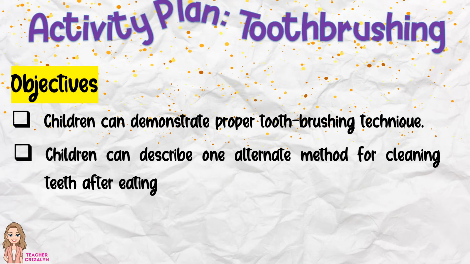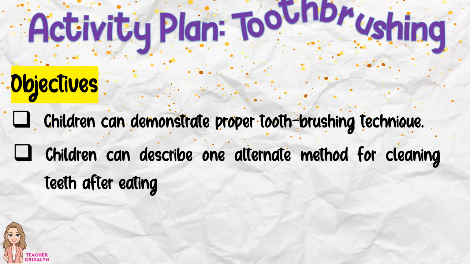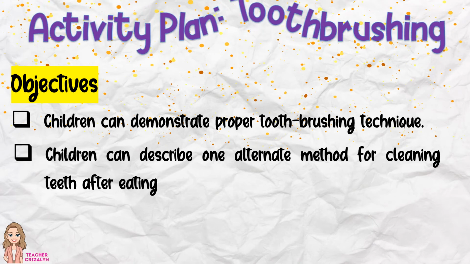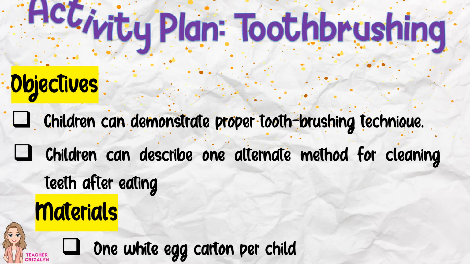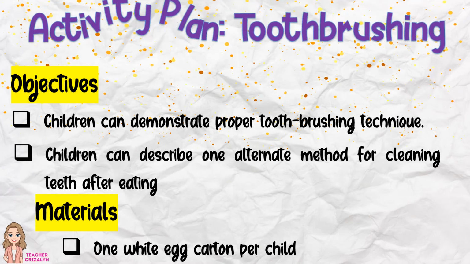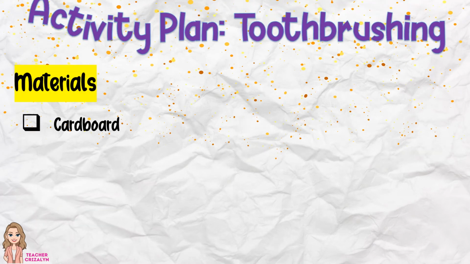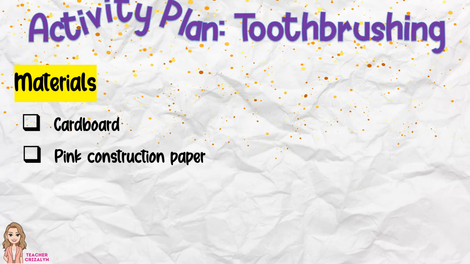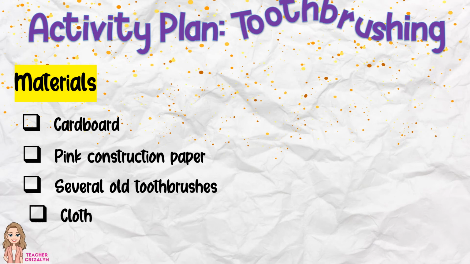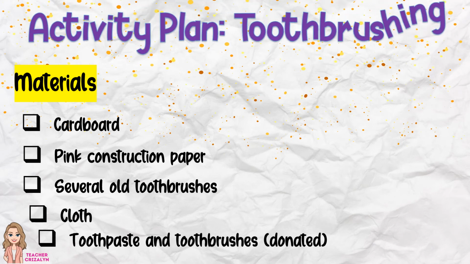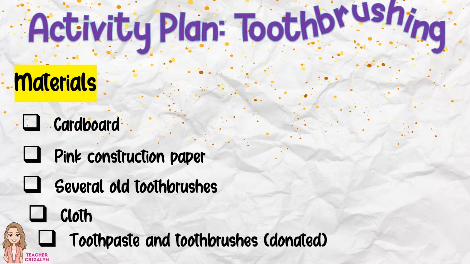And children can describe one alternate method for cleaning teeth after eating. Materials: one white egg carton per child, cardboard, pink construction paper, several old toothbrushes, cloth, toothpaste, and toothbrush.